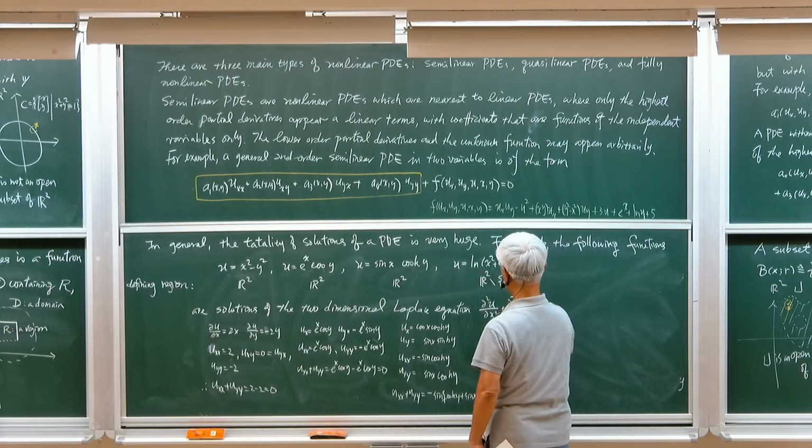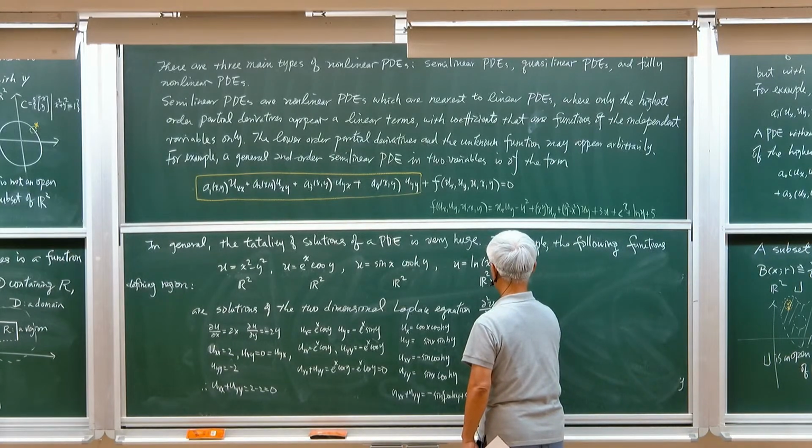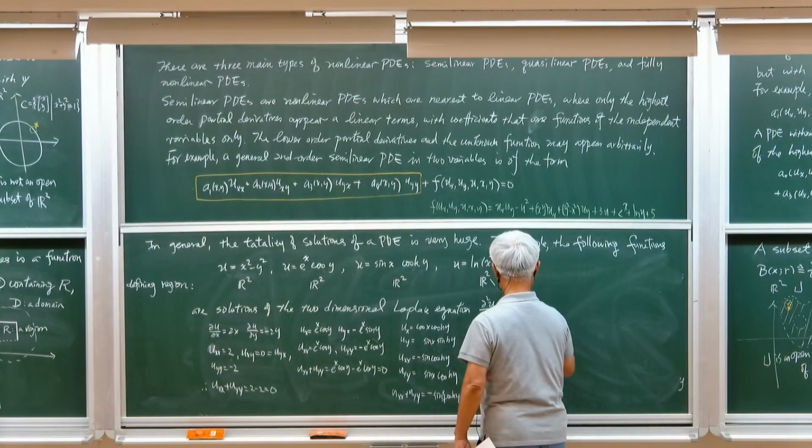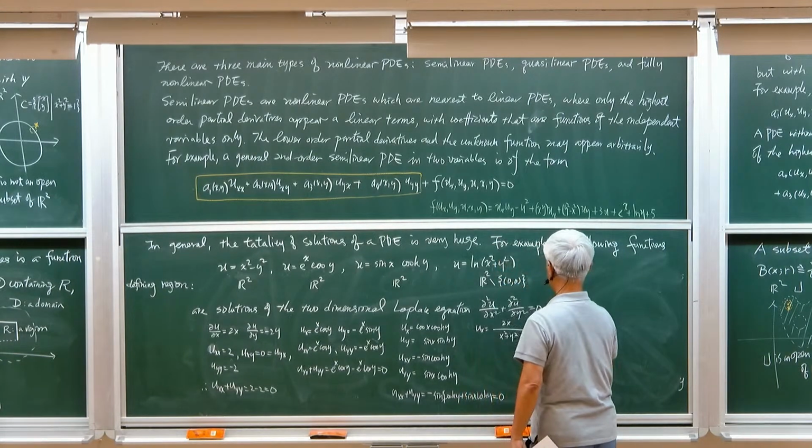And for this one, u is equal to x squared plus y squared, and u_x is 2x, and u_y is 2y.